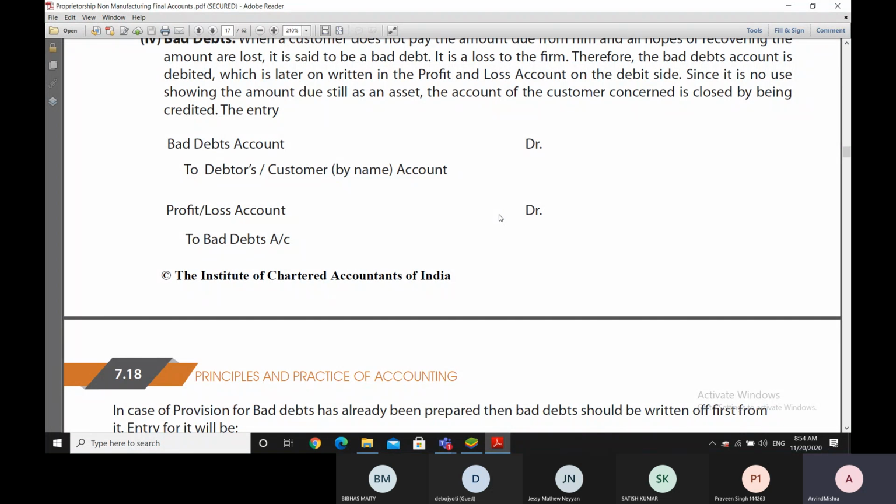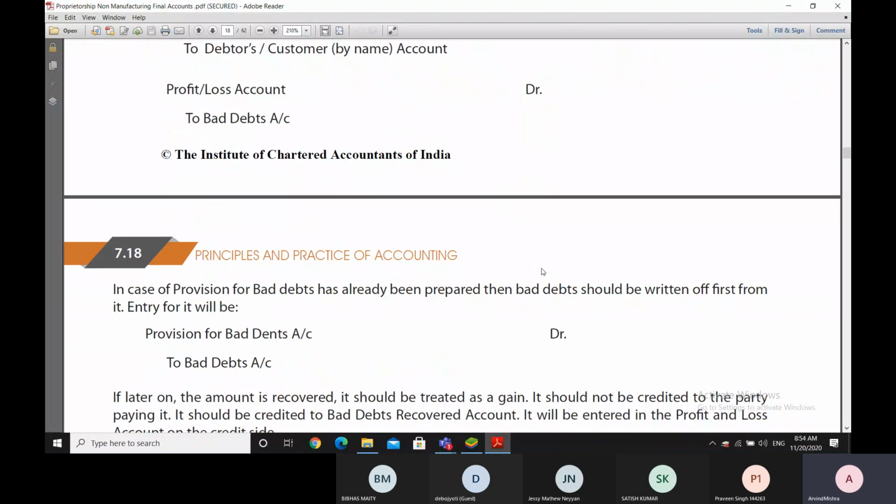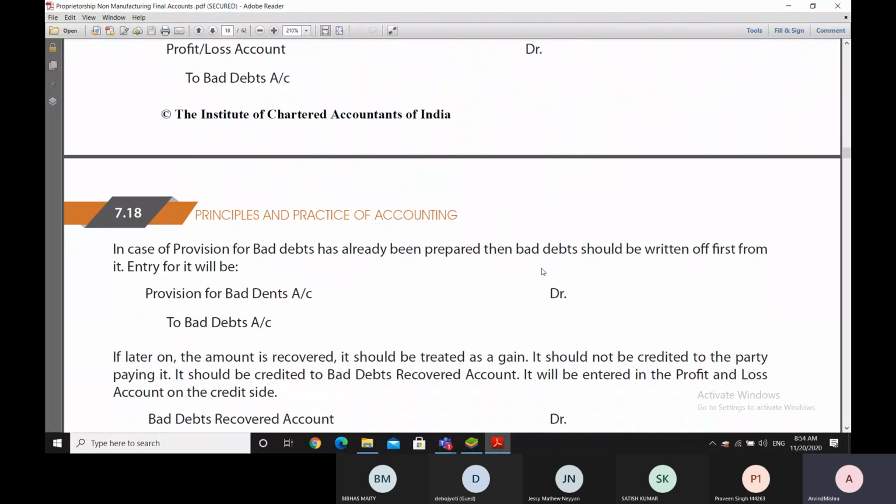Now, in case we have to make a provision for bad debt, I mean, the debt has not actually turned bad, but we need to be very careful that we do not overstate our profits. So what we do is that we make a provision for the expected bad debts.